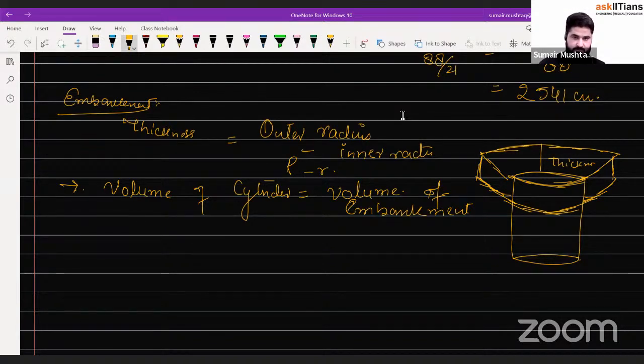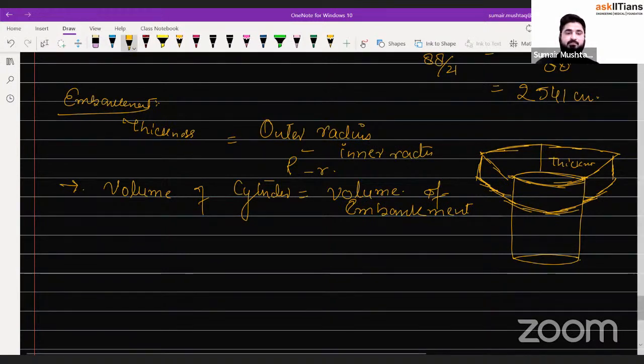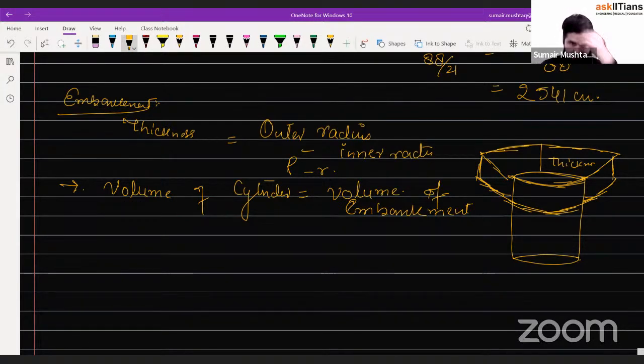Is that so or not? Any person having any confusion in it? How I'm saying that the volume of a cylinder is equal to the volume of embankment. Ritika, you have a confusion? Sir, I just forgot to lower my hand down.